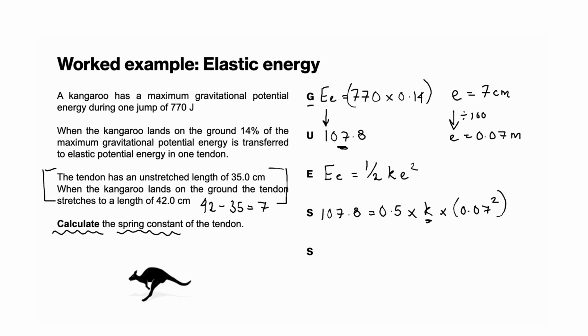We want to find k on its own. So we will need to divide 107.8 by 0.5 times 0.07 squared. Careful. Type that into your calculator and you will have k.